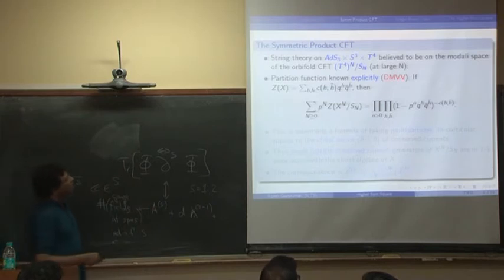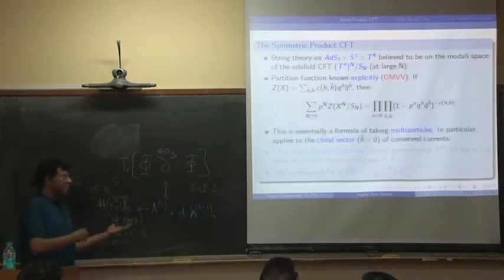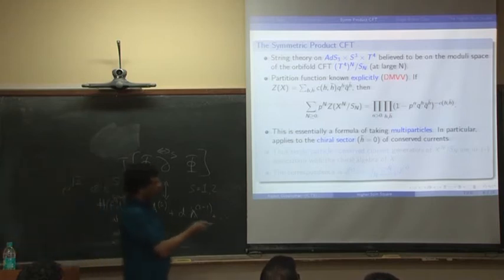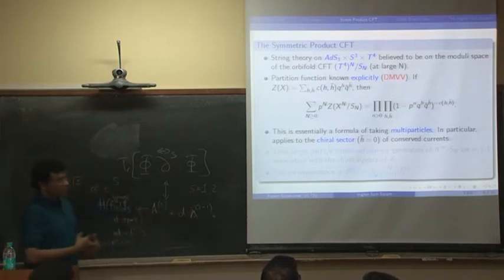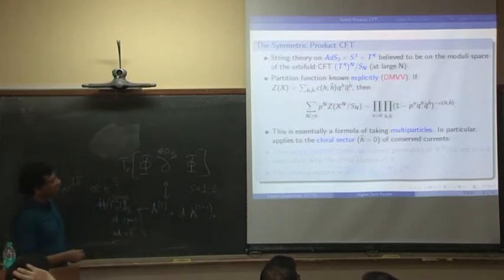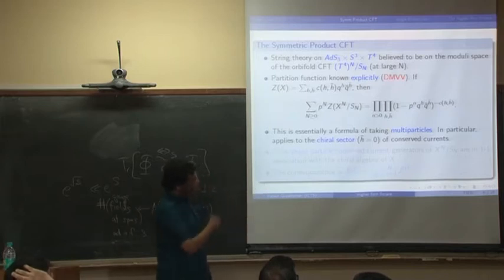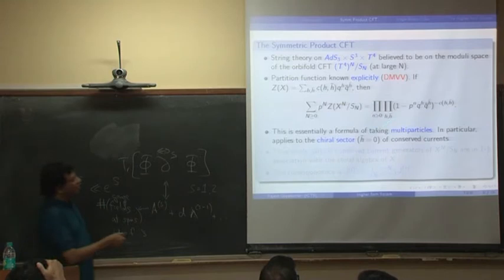So this is essentially, from a physicist's language, a formula for taking multi-particles, because this is like the Bose-Fermi exponentiation from single particle states to multi-particle states. And in particular, this is for the full partition function. That means all the states of the theory, but you can apply it to the chiral sector.